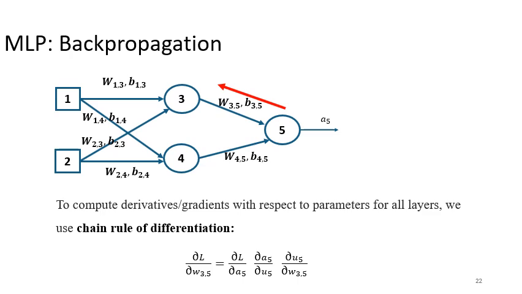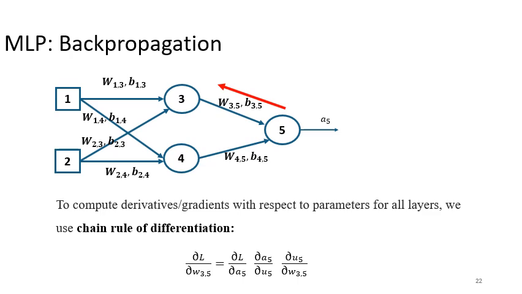In this equation, the derivative of the loss with respect to E5 represents the partial derivative of the loss with respect to the output E5. It measures how a change in E5 influences the overall loss, and this is the same for the other derivatives.